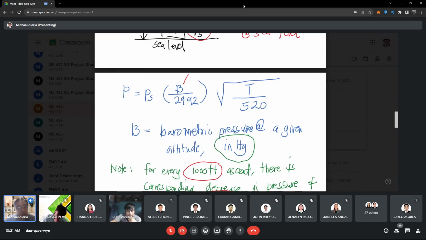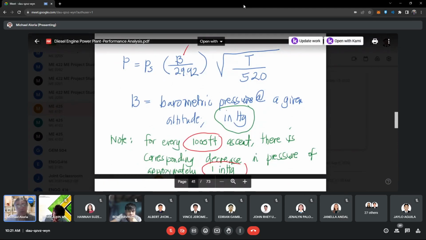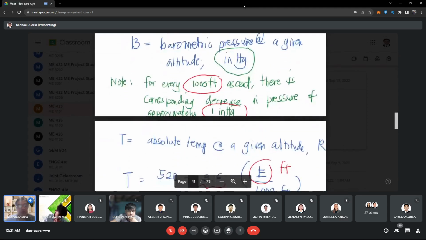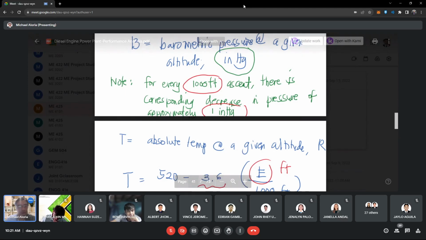Kaya ang nangyayari, for every 1,000 feet altitude, there is a corresponding decrease in pressure of approximately 1 inch of mercury. Yan yung pagbabago sa barometric pressure for every 1,000 feet.